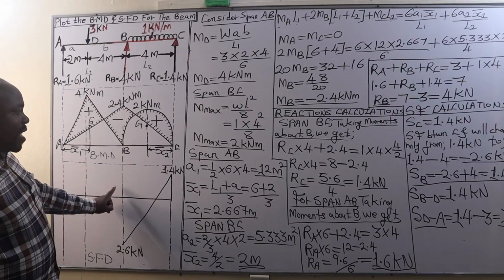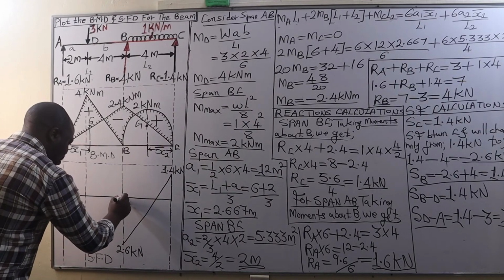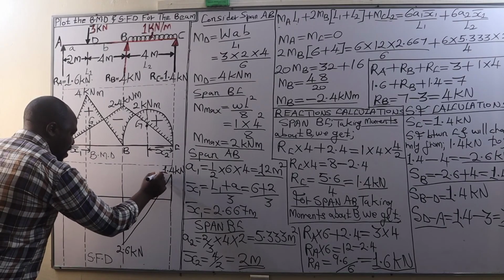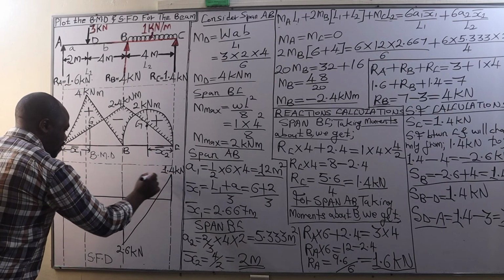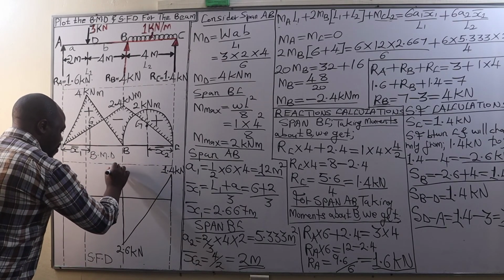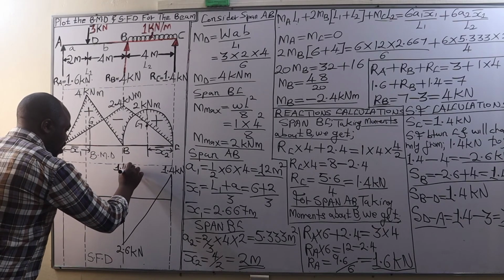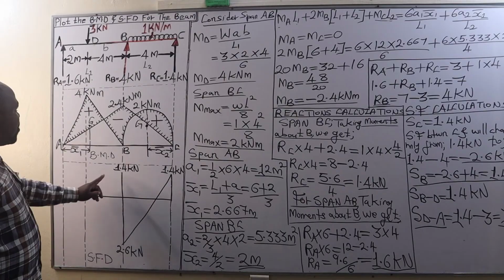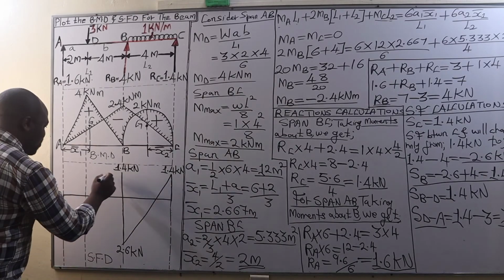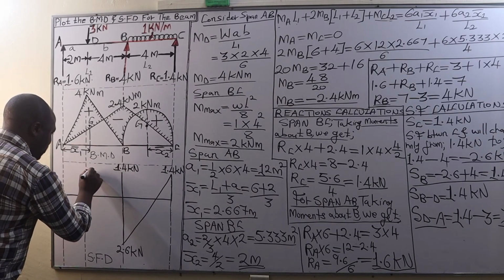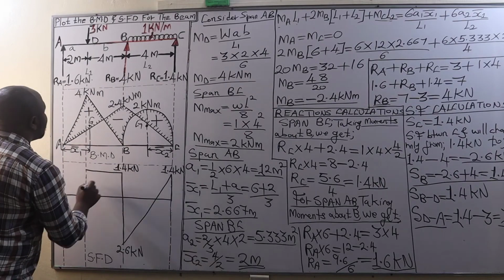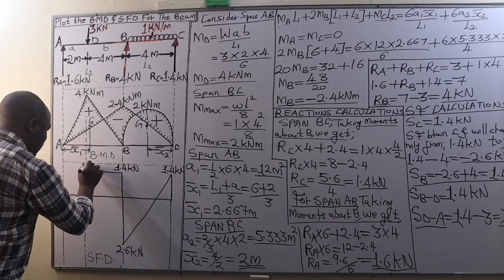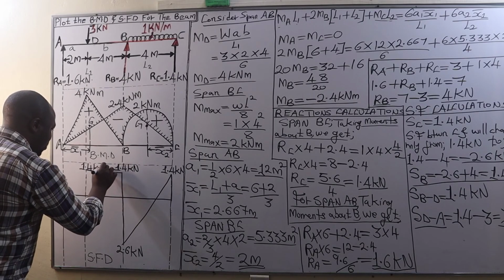Shear force at B is 1.4 kilonewtons positive, and therefore it is going to be at the same level as the shear force at C. So we have 1.4 kilonewtons being the shear force at B. Shear force between B and D is still the same 1.4 kilonewtons, and so we connect the 1.4 kilonewtons to D. So here we also have a shear force of 1.4 kilonewtons.